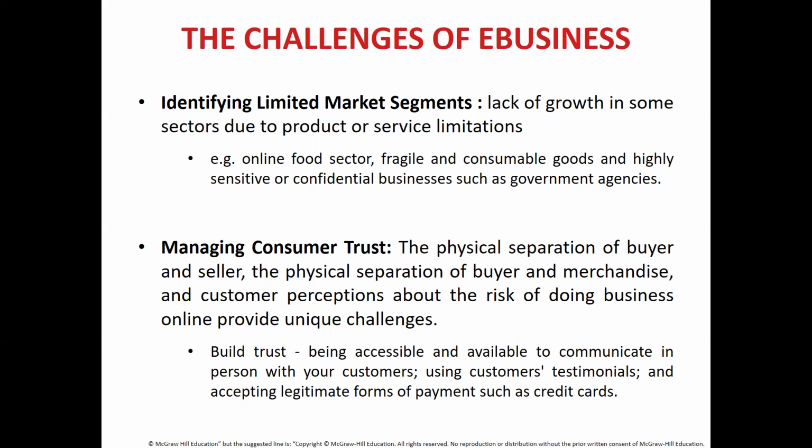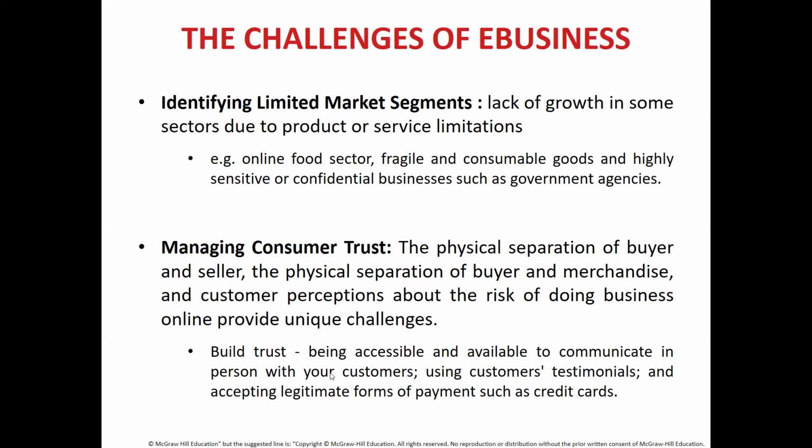That means the customer is not able to see the product or service. So the level of trust is always in doubt when you try to sell or buy products online. And to build trust, be accessible and available to communicate in person with your customers, use customer testimonials, and accept legitimate forms of payment such as credit cards.